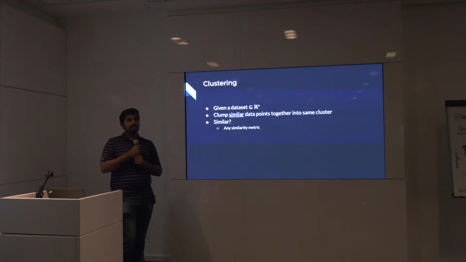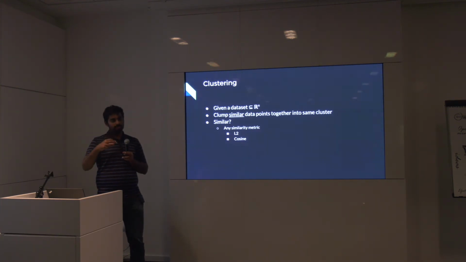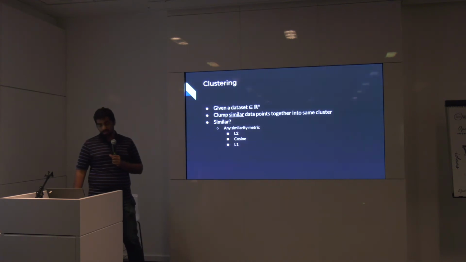For example, if you have just a vector of numbers, you can compute something like L2 distance. If you have two document vectors, like numbers that correspond to two documents, you can calculate what's called cosine similarity, which gives you an idea of how similar or dissimilar two documents are. You could use L1, which is like, instead of using a square root, you just take the modulus of each of the components.